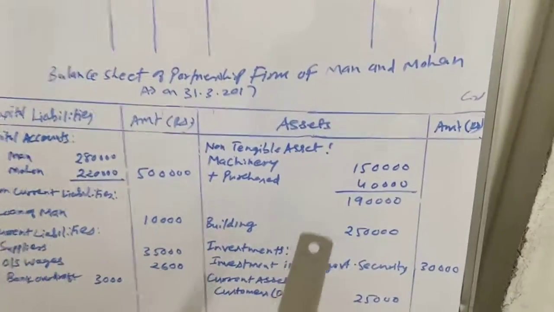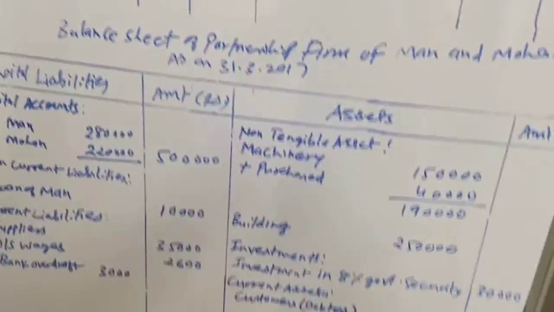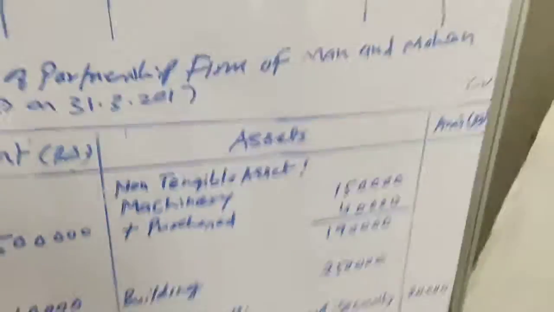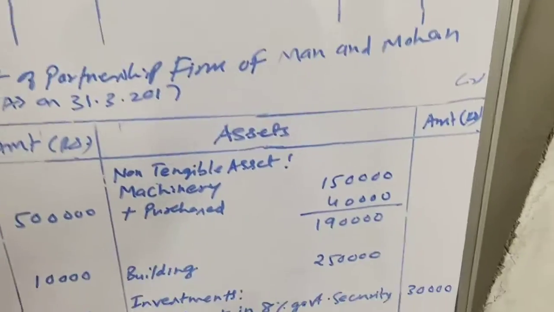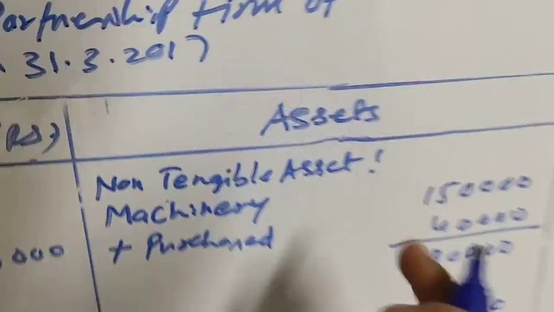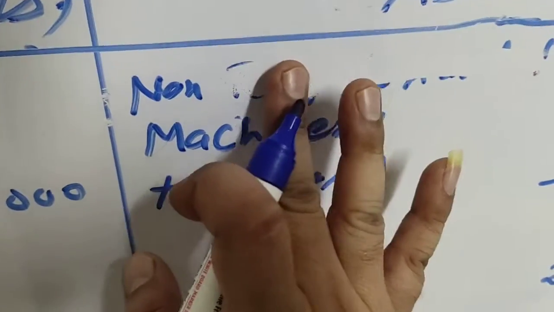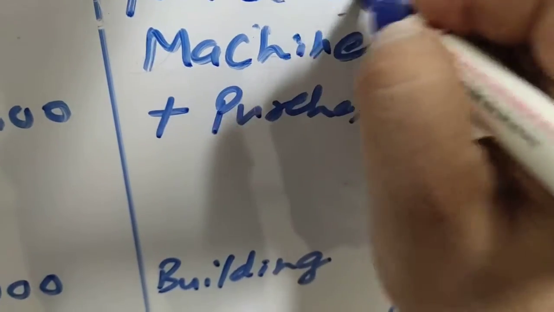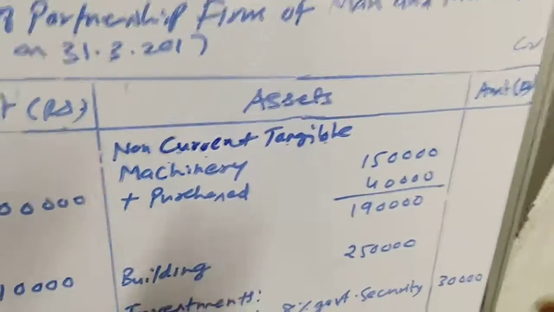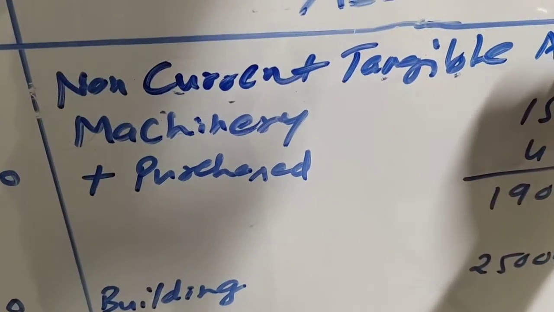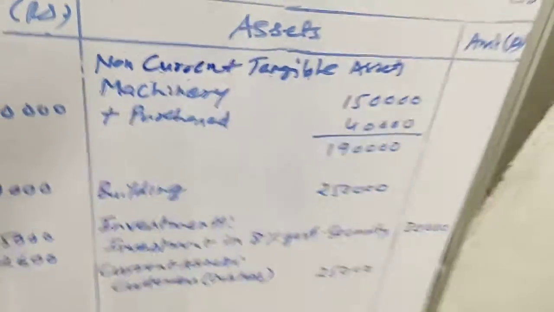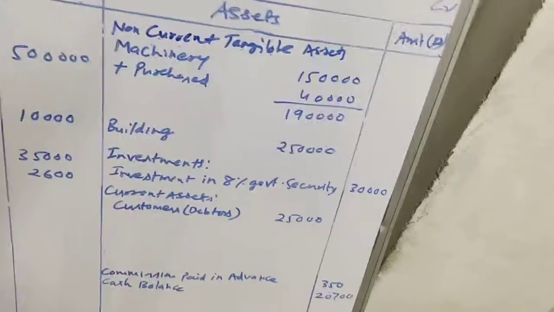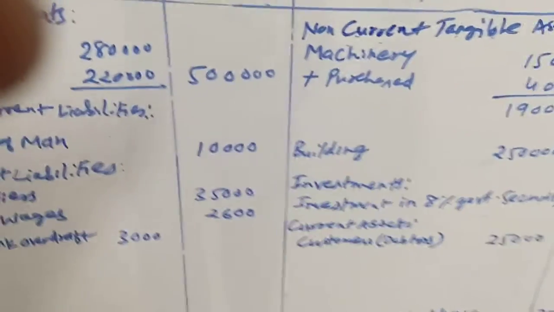So asset side of balance sheet, under non-current tangible assets, machinery. How much? It will be recorded 1,50,000.